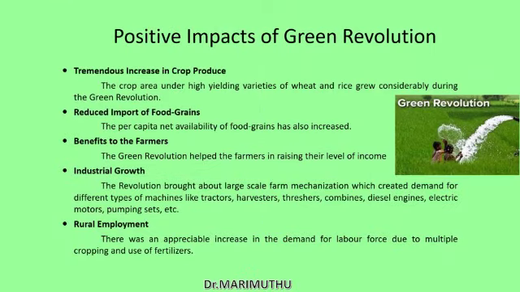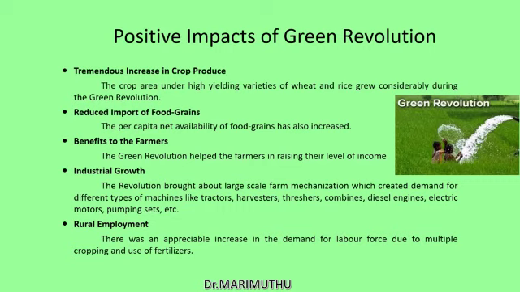In this class, we get to see what are the positive impacts of the Green Revolution. We have so many positive impacts. Very first one is a tremendous increase in crop production. Second is reduced import of food grains. Third one is the benefits to the farmers; the farmers benefited much due to the Green Revolution.